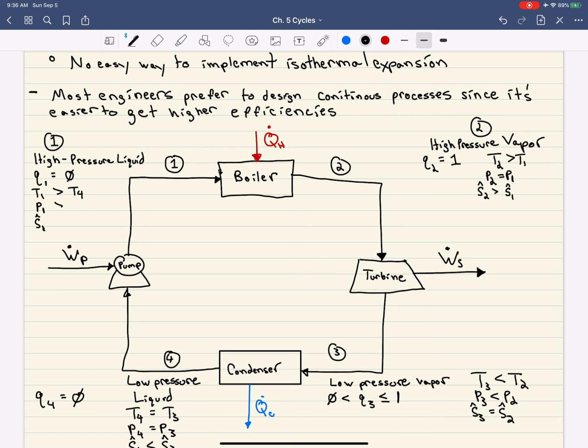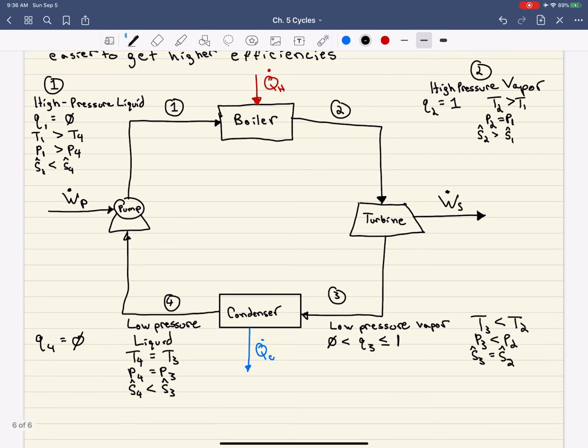Its pressure definitely increases. That's the whole point of a pump. And then because it's being pressurized a little bit, the entropy of stream 1 is going to be a little bit less than the entropy of stream 4. Okay? All right, and so those are the basic steps of the Rankine cycle.